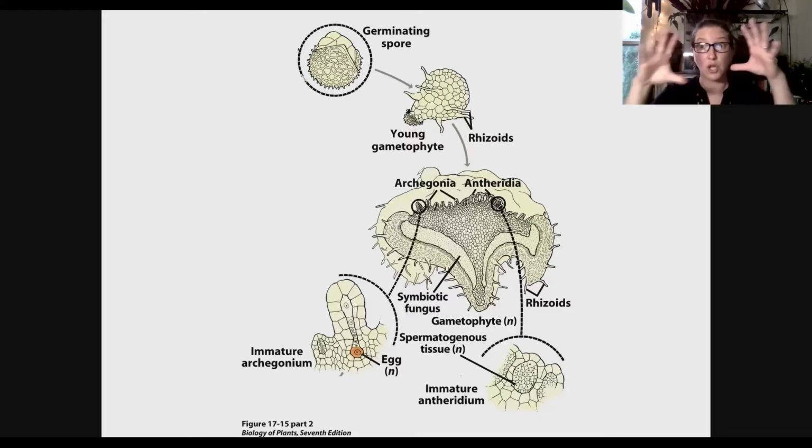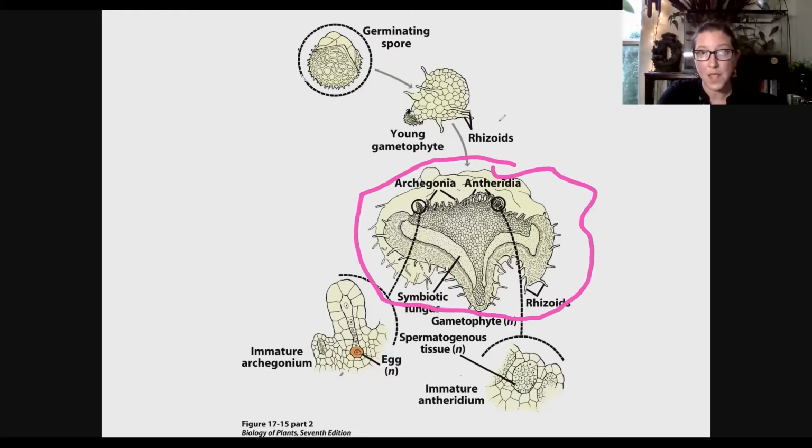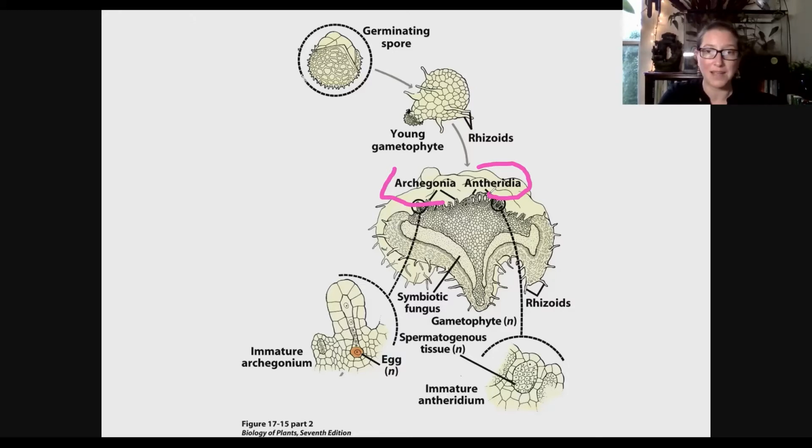So now we have a close-up of a gametophyte plant. This is a gametophyte plant of Lycopodium. And usually when plants grow outside of the spore, as we have here, usually you'll have both sex organs on one plant. So usually you could say they are bisexual, or you could say that they are monoecious, in that they have both sex organs in one plant, right?